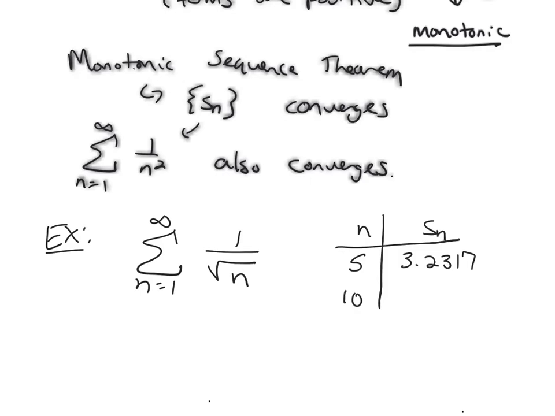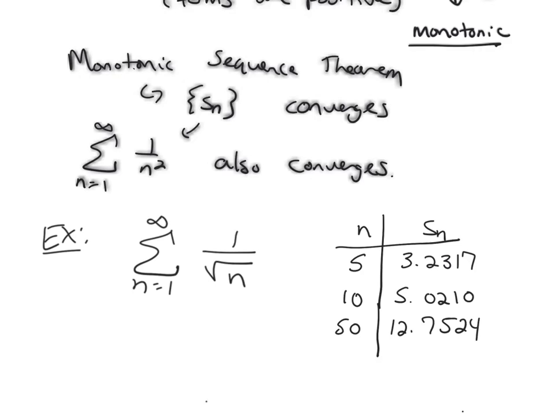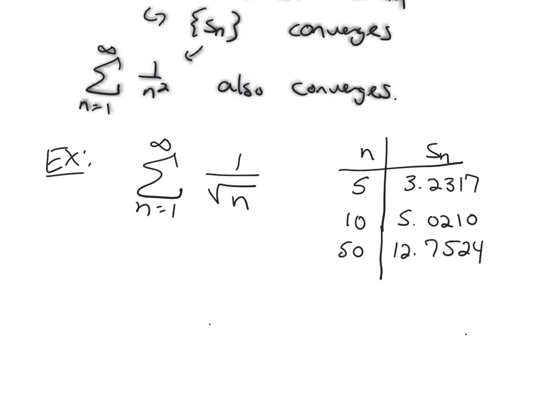Add up the first 10, 5.0210. The first 50, 12.7524. Let me keep going. So add up 100 terms, 18.5896. First 500 terms, 43.2834.